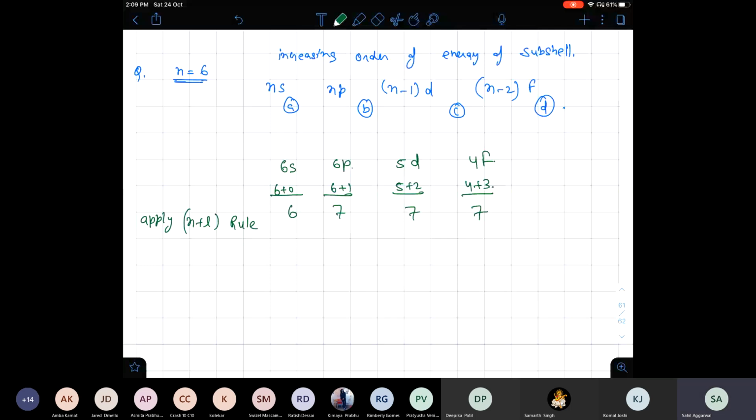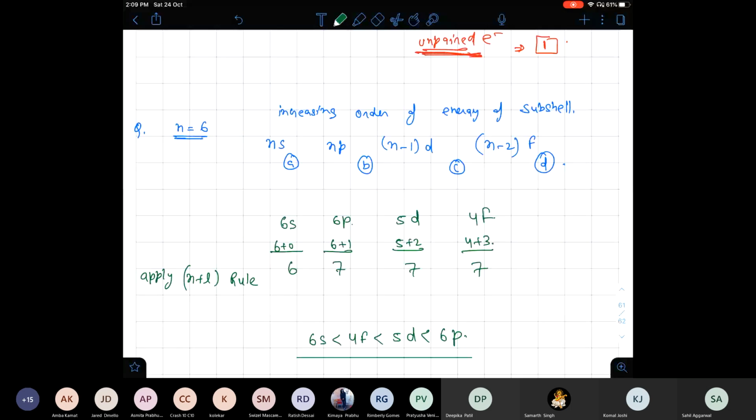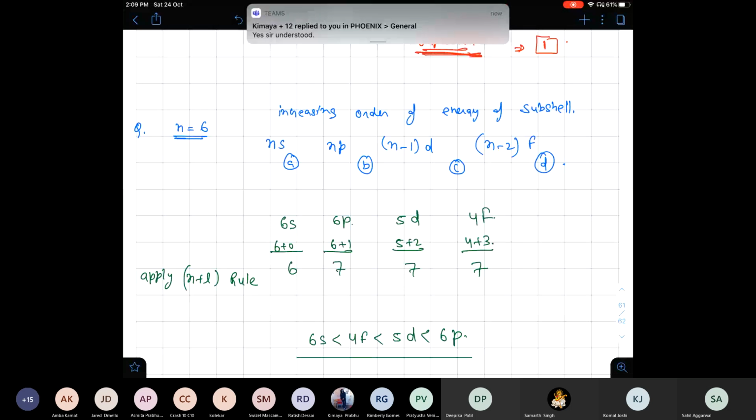Okay. So we know if n plus l value is same, then we have to arrange them according to their n value. 6s, 4f, 5d, 6p. Understood? All of you?